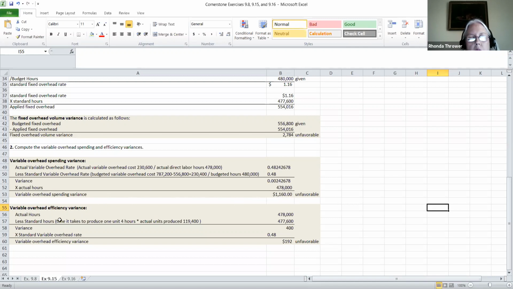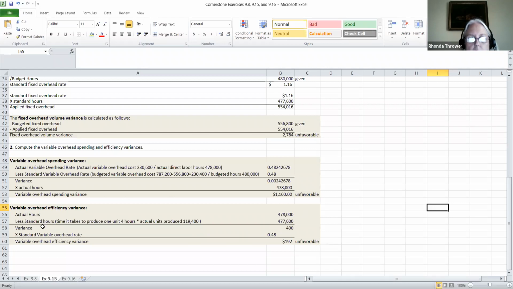Then you can move on and calculate the variable overhead efficiency variance. You need to know what your actual hours are, and that 478,000 actual hours was a given amount. So you didn't have to find this, this was given. But you do have to find the standard hours.